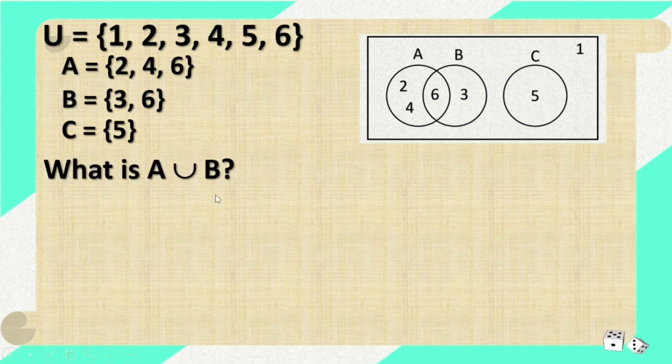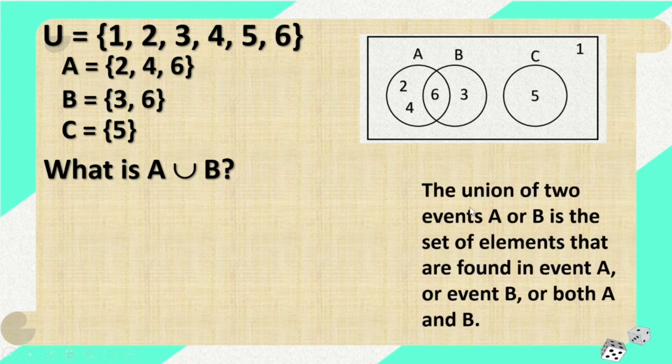What is A union B? The union of two events A or B is the set of elements that are found in event A or event B or both A and B. Ibig sabihin, pagsasamahin lahat ng elements ng set A and set B. So, ang elements ng A, we have 2, 4, and 6. And elements of B, we have 3 and 6.